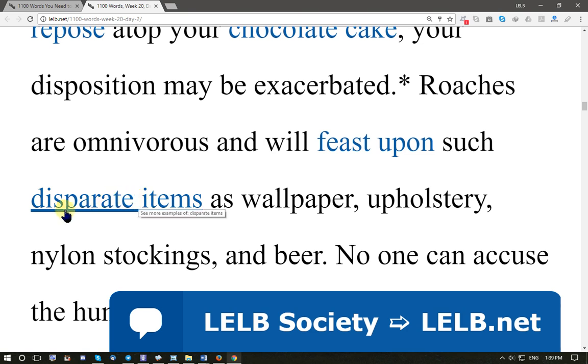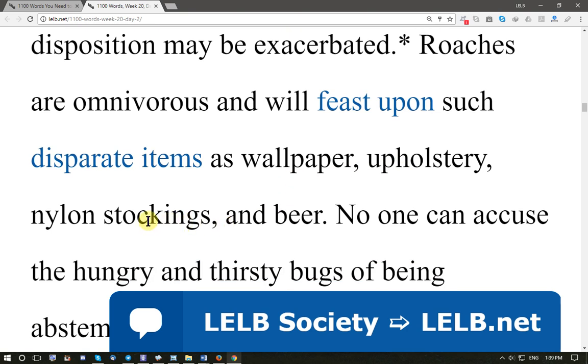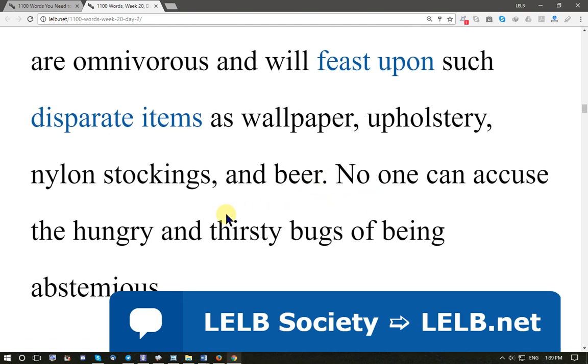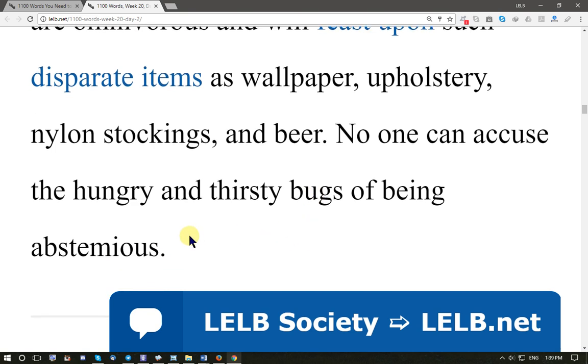such various things. For example, wallpaper, upholstery. It refers to a kind of veneer or a piece of fabric that you cover something else with. Nylon stockings means socks or tights, and beer. No one can accuse the hungry and thirsty bugs of being abstemious.